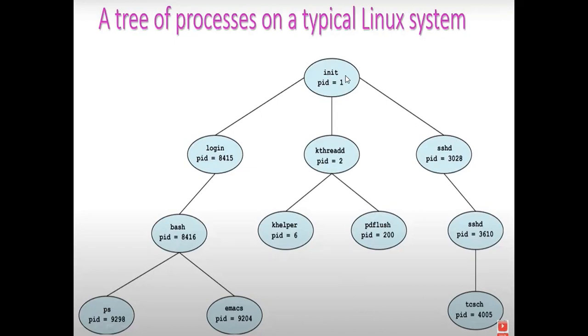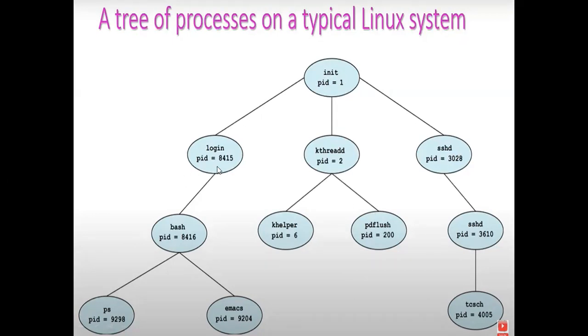Here init is the parent process, which creates three child processes: the login process, the kthreadd process, and the sshd process. PID is the process ID, and the integer value of 1 is assigned to the init process.